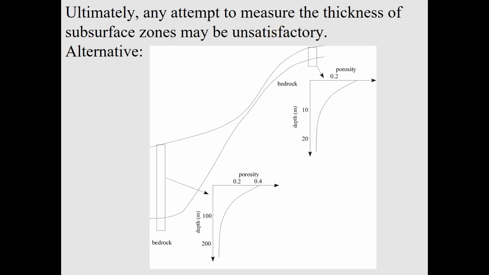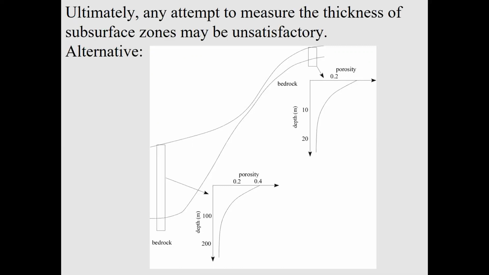In uplands, that porosity varies from maybe 0.4 to some value of a few percent when you get down into fresh bedrock, over a length scale of a few tens of meters. And in the case of sedimentary basins, it's a similar kind of drop-off, except that it occurs over a much larger length scale, hundreds of meters, and in some extreme cases, maybe thousands of meters.